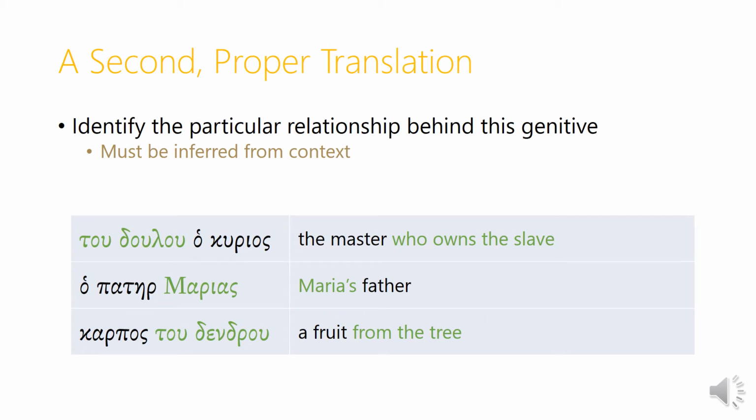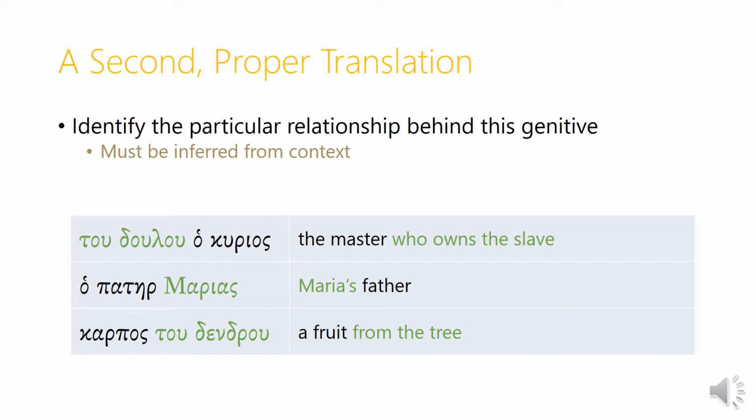After we take a first approach, put the genitive noun in front of the lead noun in English, then we have to make a second proper translation once we've identified the particular relationship behind this genitive. And this again has to be inferred from context.